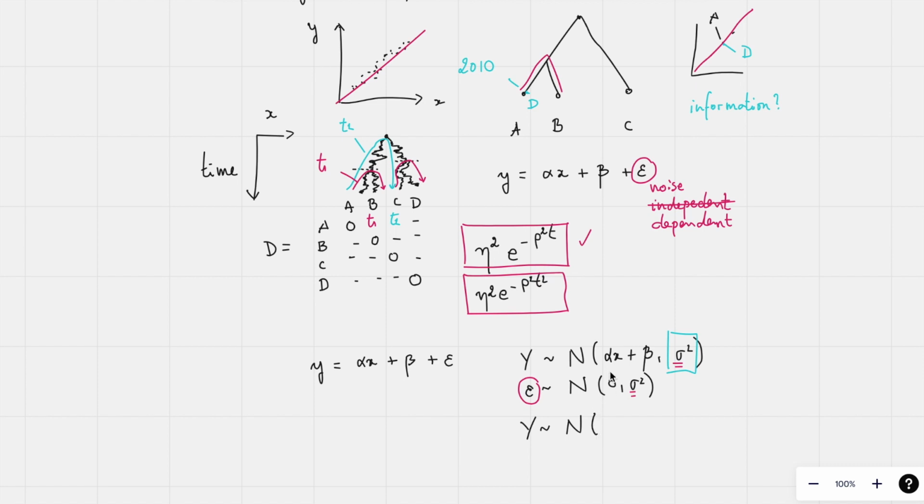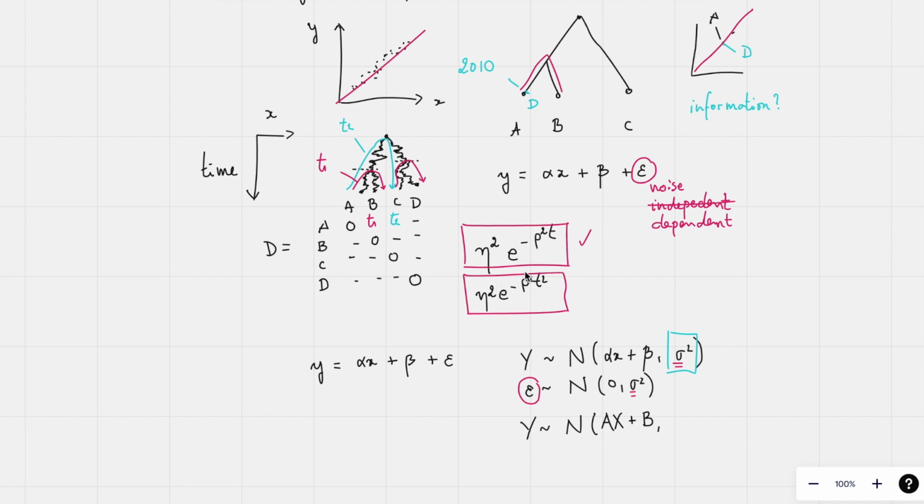And to symbolize this, I'm going to use capital letters here to say that this is a matrix multiplication of A and X plus another matrix here of intercept terms. So we have multiple terms, for example 4 in the examples that we gave, and here instead of the sigma that we have here, we have an entire correlation matrix, or a covariance matrix, and we're going to use this one here.